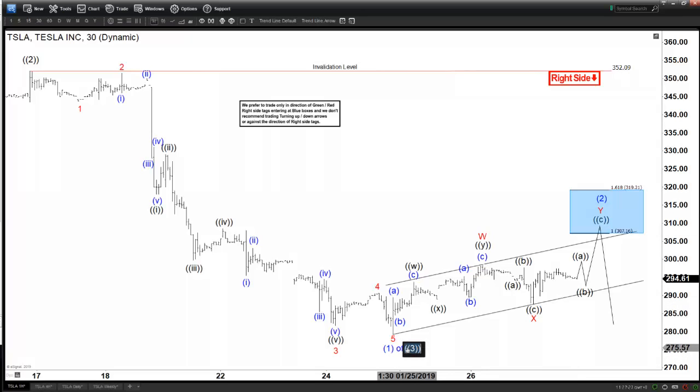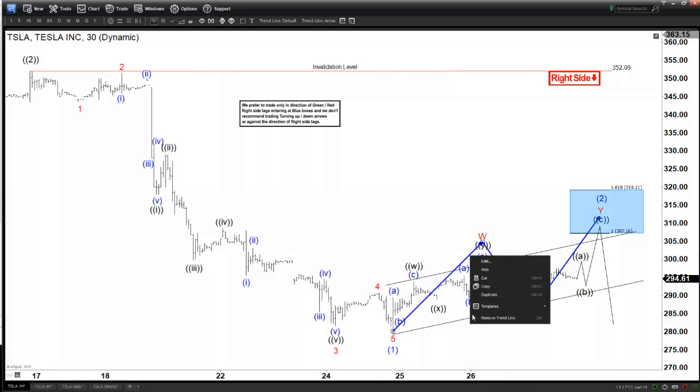A WXY is nothing more than two corrective structures combined together into a W and X and Y. So in this case, you can see this is your W, this is your X, and we are in the Y. The first leg, which is the W, the corrective structure here, is also another WXY, right?